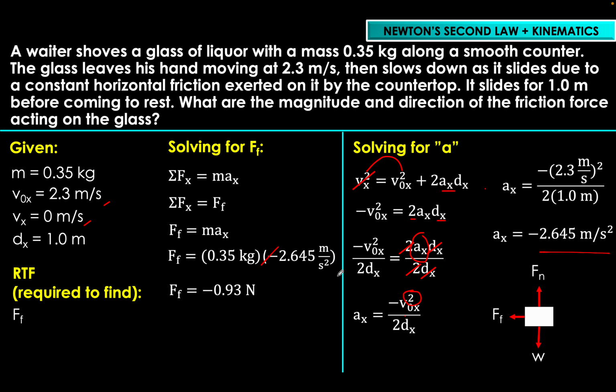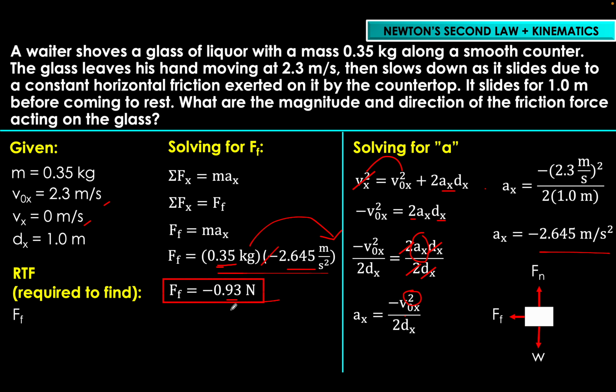You're supposed to get negative 0.93 newtons. For the significant figures, in multiplication, we follow the given with the least number of significant figures. So this is 2 significant figures, this is 4. So we follow 2 significant figures. And then for the unit, take note that whenever you multiply kilograms by meters per second squared, you will arrive at newton because by definition, newton is equivalent to kilogram meters per second squared. So that's our final answer.